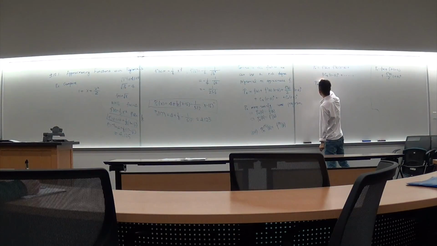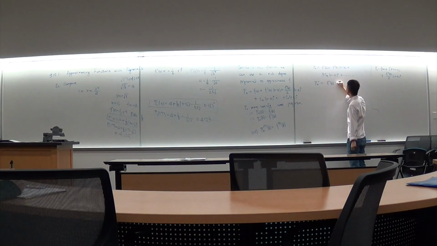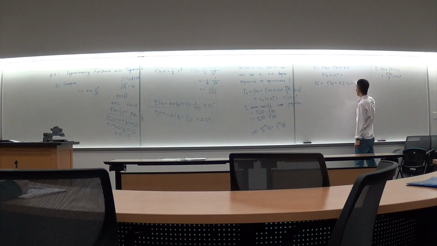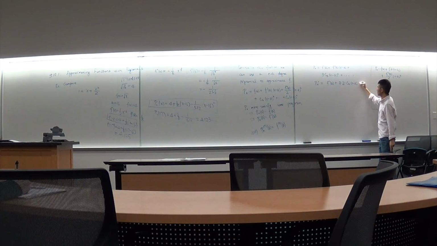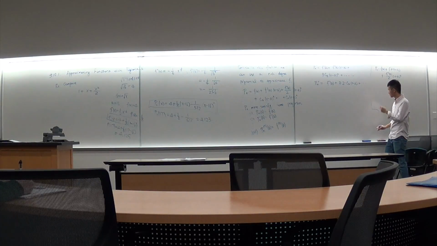Now the second derivative: we get f double prime of a plus 3 times 2 times C3 times x minus a, plus the derivative of all of these.